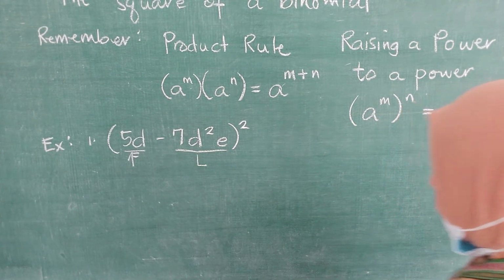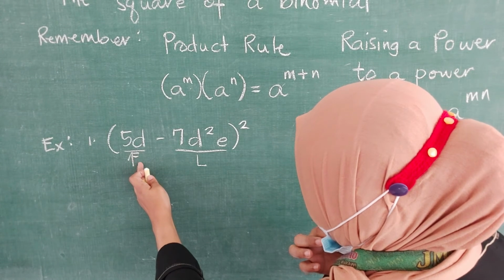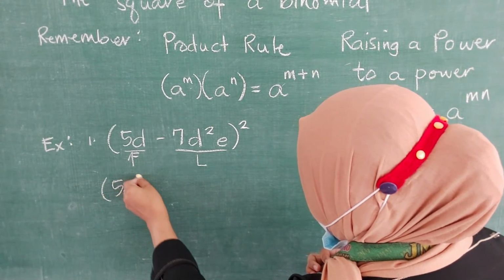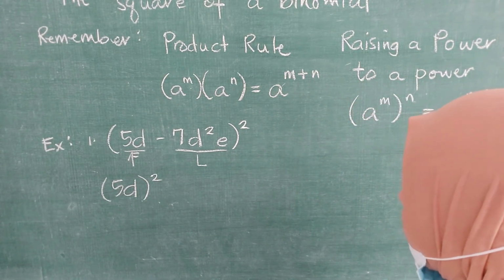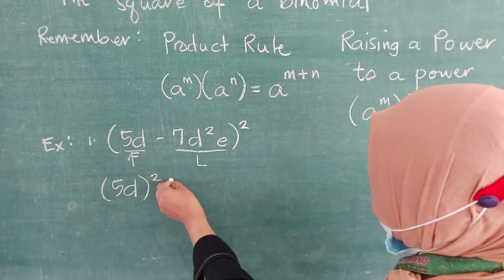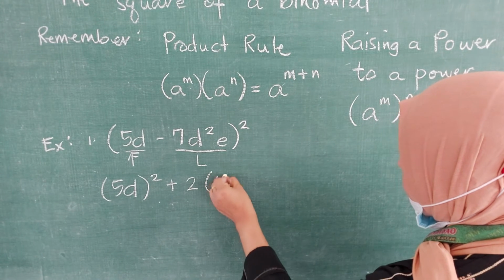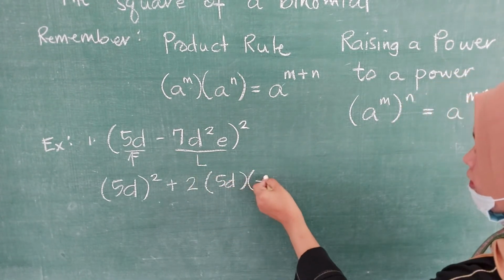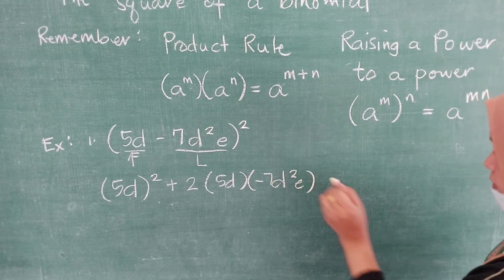Ito yung last term. Okay, so sa first rule, square the first term, square the first term. 5d squared. Second term, twice the product of first term and the last term, negative 7d squared e.